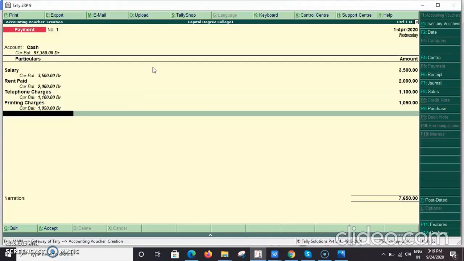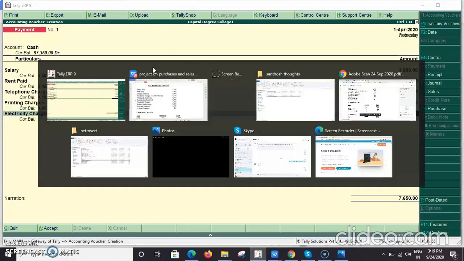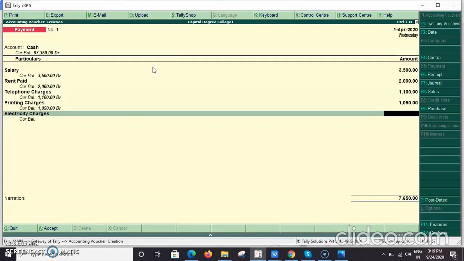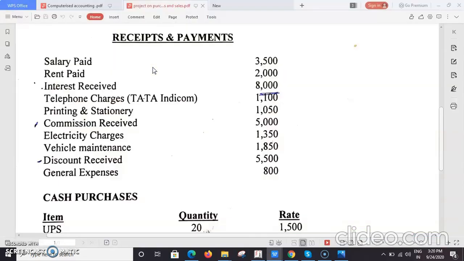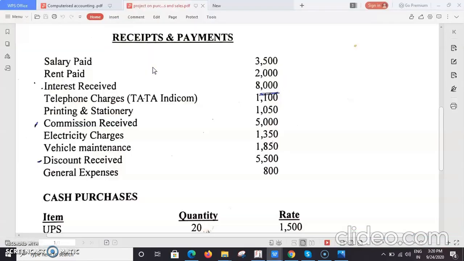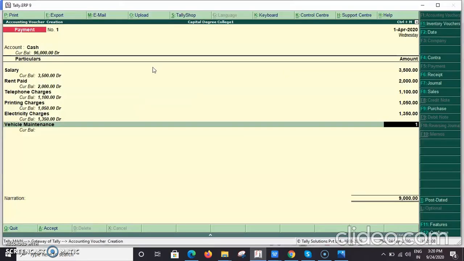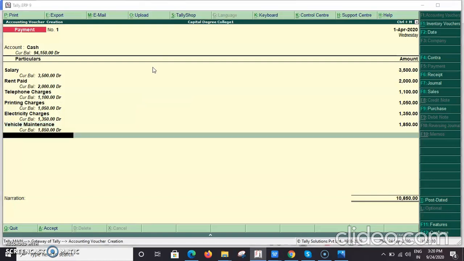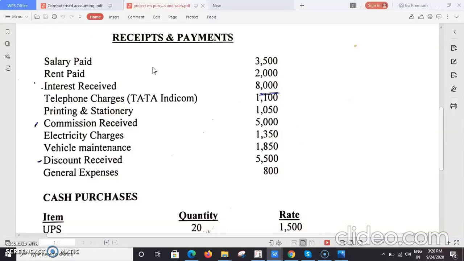Electricity charges, 1350. Vehicle maintenance, 1850. Next, general expenses, 800.